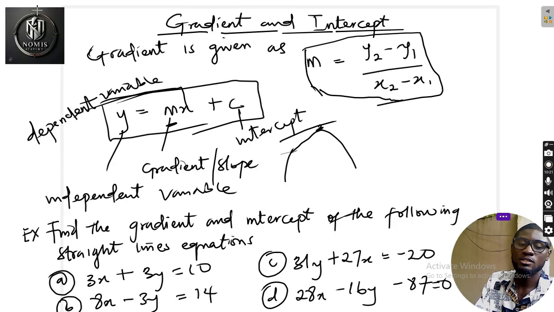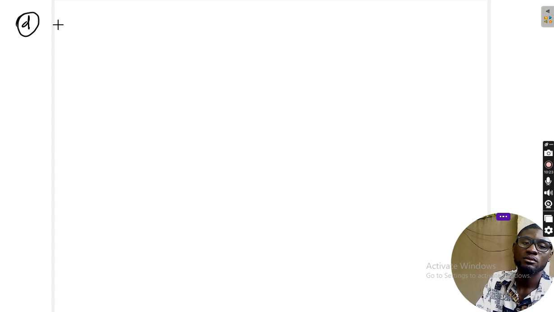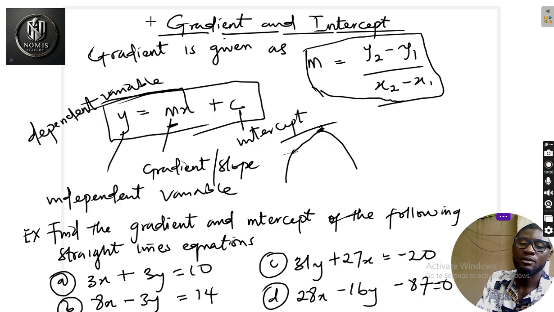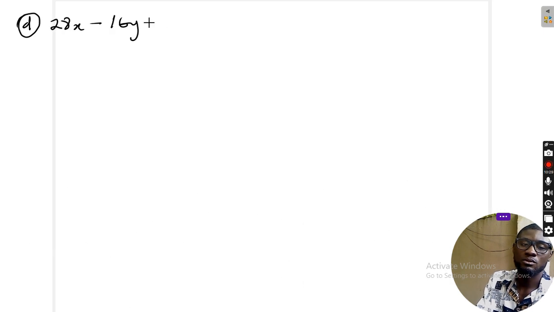D says 28x minus 16y minus 87 is equal to 0. So solution.